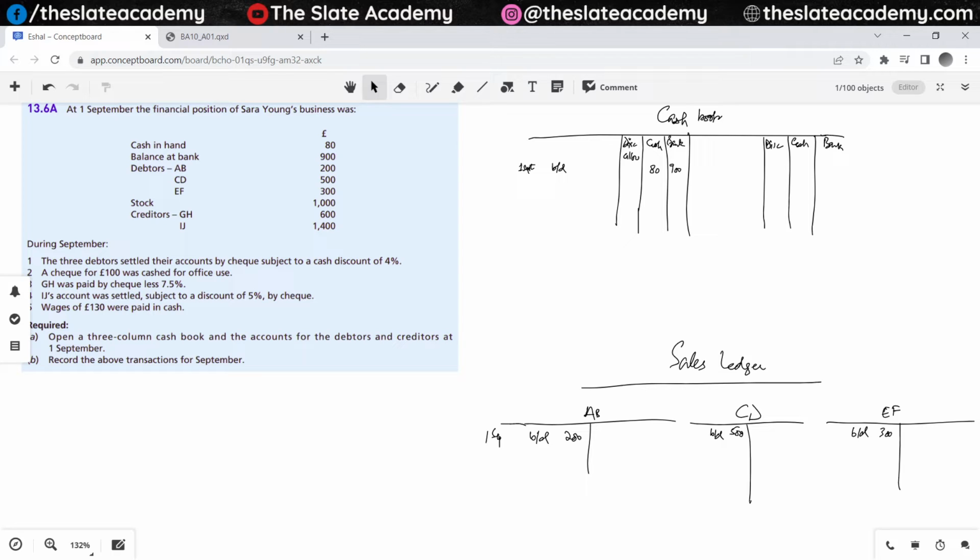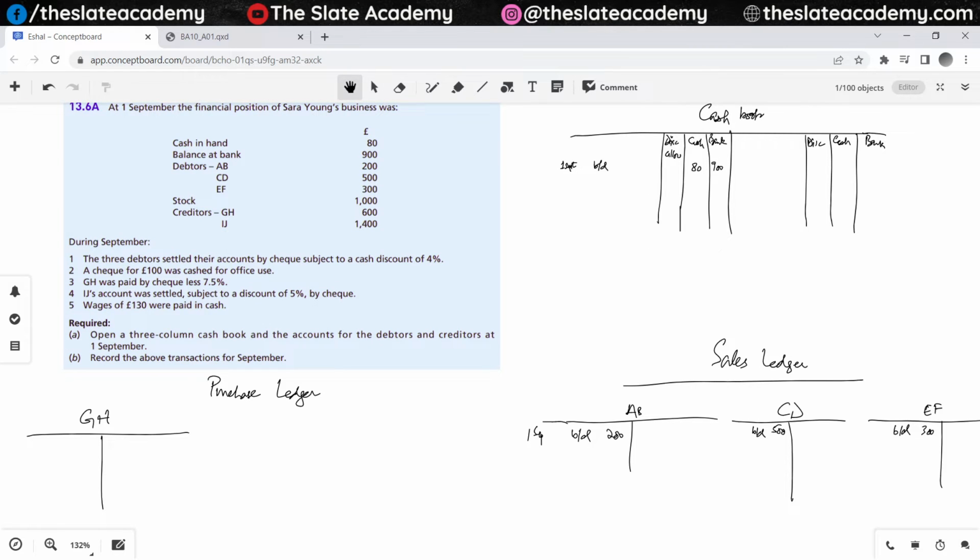Creditors for the purchase ledger. In this, I'll have the T accounts of creditors, which are GH and IJ. So I write GH. Here is the T account for GH. How much is the balance? 600.